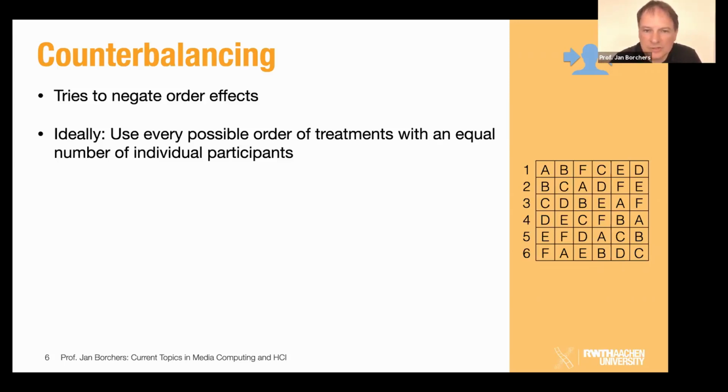So with 2 different conditions, half of them would have to do condition A first, and then B, and the other half does B first and then A. Sure. With 3 conditions, it gets a little less obvious, because now we need to have people do A first, then B, then C, and then we have to do A and C and B, and then we have to do B and C and A, and so on and so on.